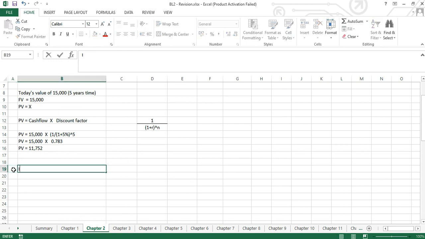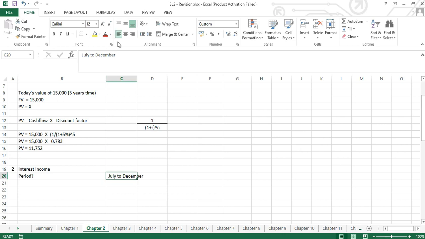So the first step for interest income, first thing we need to understand is the period they are asking for. The period is, they've mentioned July to December. July is where they start investing, that's why it starts from July.